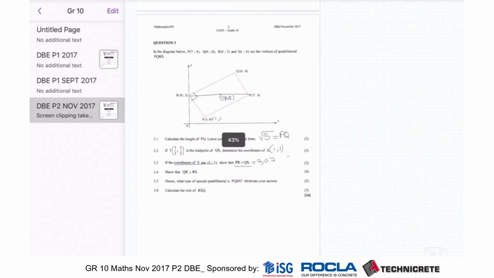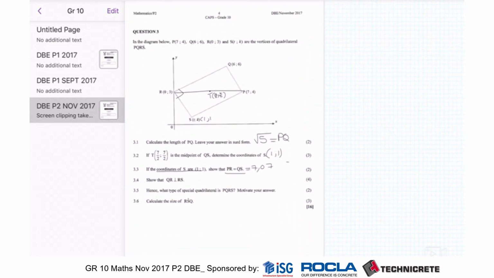The next one says, hence, what type of special quadrilateral is PQRS? Motivate your answer. Importantly, we identified that there is a right angle in the corner, and one of the main shapes that have 90-degree interior angles is a rectangle.